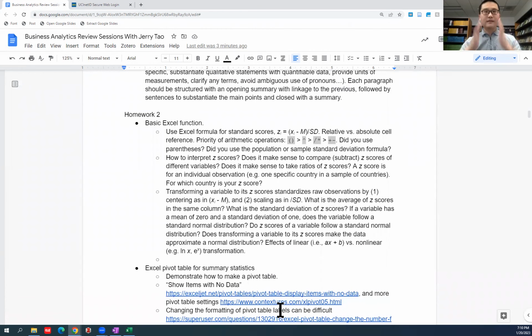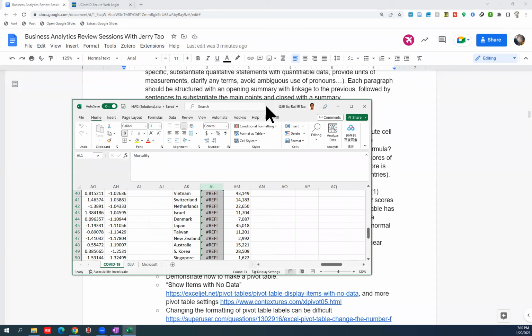So the first part is a question about z-scores. Has anyone have questions regarding z-scores? Hey, Jerry, that's my question. I guess to clarify, I was comparing the answer with my team, and we were in a discussion about, should we be using population or sample size?